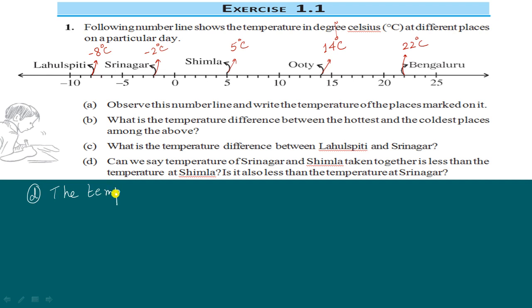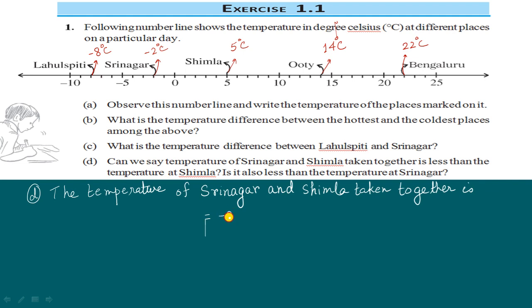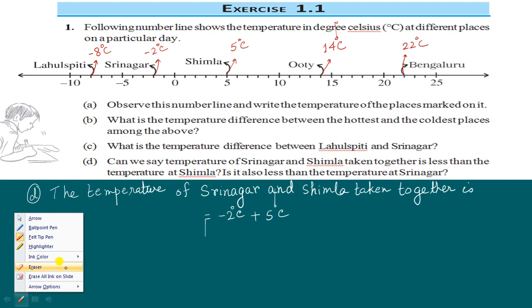The temperature of Srinagar and Simla taken together is, the temperature of Srinagar is minus 2 degrees centigrade and the temperature of Simla is plus 5 degrees centigrade.